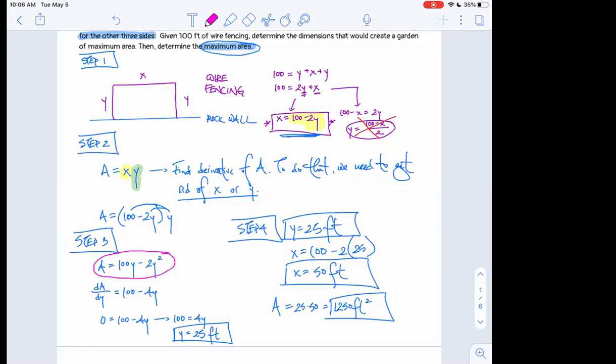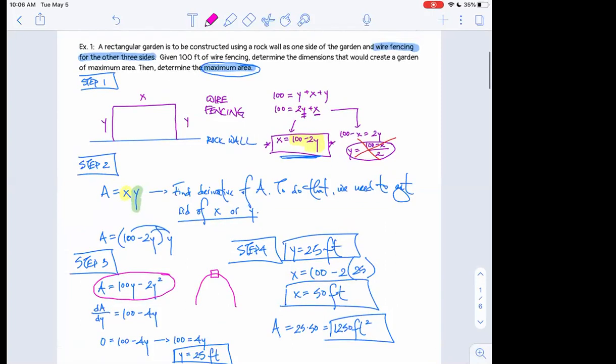If you graphed this on Desmos, you would get an upside down parabola, and when you look for the maximum point, you get a coordinate, y comma a, because y is like my x and a is like my y.